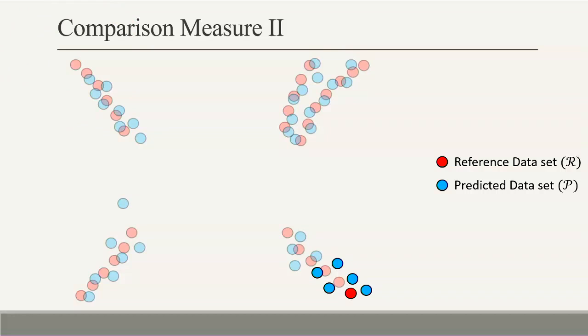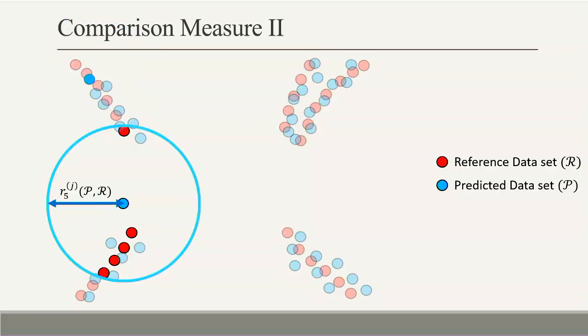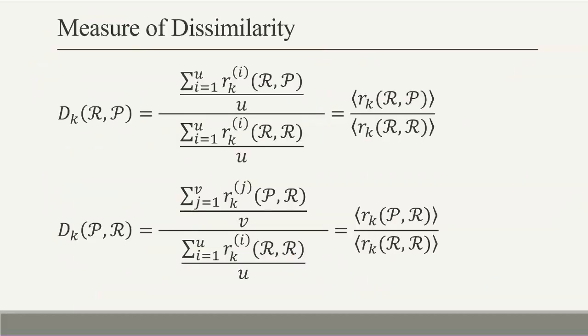And I can do it to the end, for all the points of the reference set, and look at the radius of the nearest neighbors. I can do it vice versa as well, looking at each point of my prediction set and the neighbors in the reference set, and just recording all the radii of these circles.